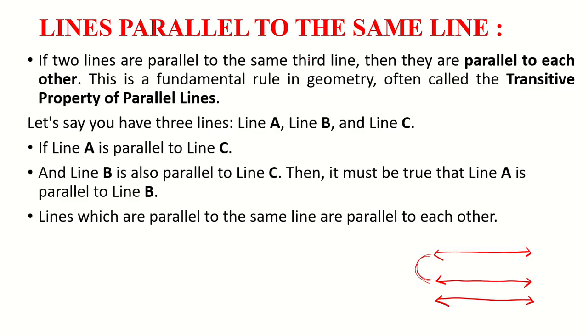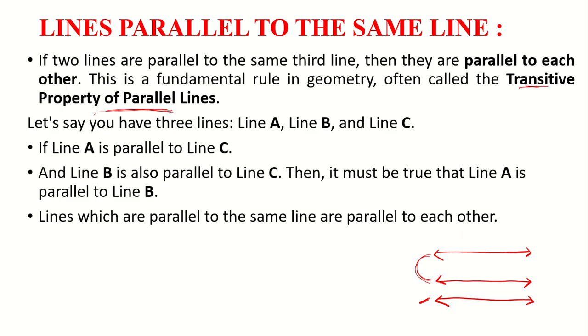So, the concept here is if these two lines are parallel to the same third line, they are parallel to each other. This is a fundamental rule in geometry, often called the transitive property of parallel lines. So what is the transitive property of parallel lines? If these two lines are parallel to the same third line, all three lines are parallel to each other.